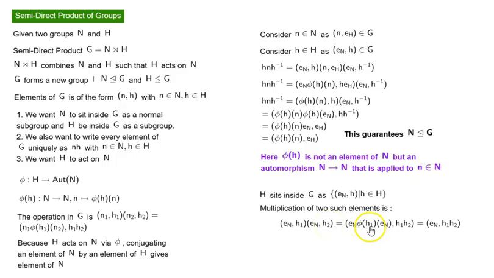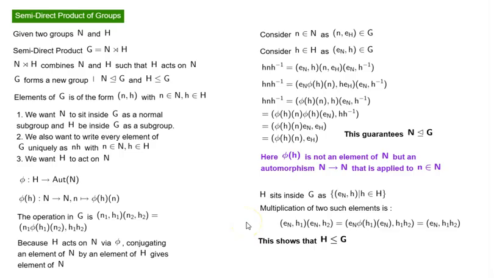Now here it is phi of h1 of e_N times e_N, so it is (e_N, h1 h2). So basically this shows that H is a subgroup of G. This is pretty abstract, right? Because what we have shown doing all this is that N is a normal subgroup of G and H is a subgroup of G, and basically we have combined N and H to form G.